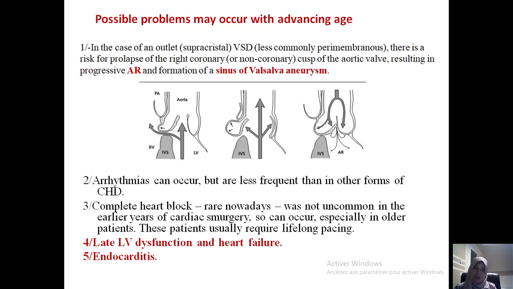Independently of the hemodynamic aspects of VSD, we can have other problems in adults in relation to VSD.